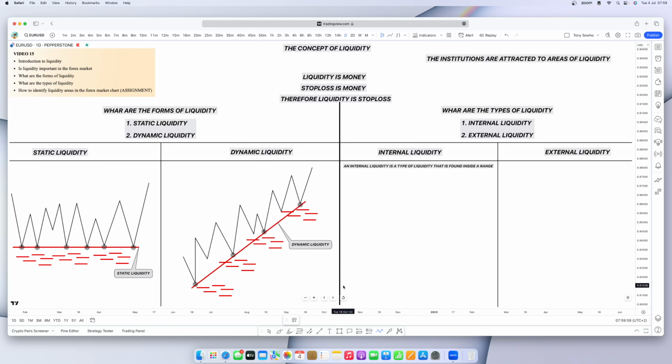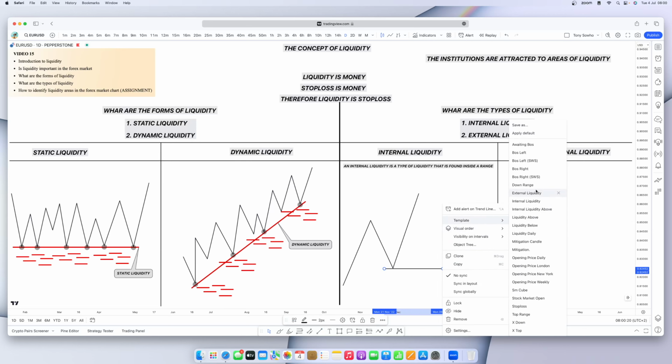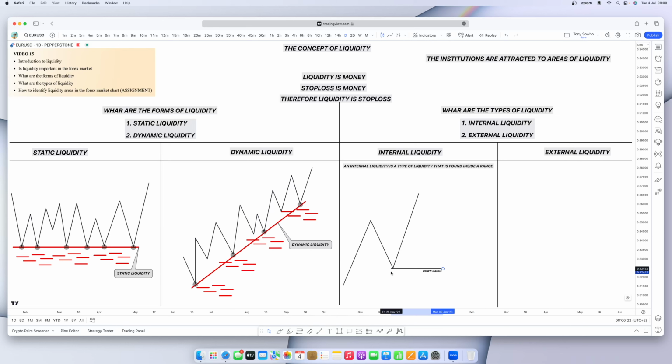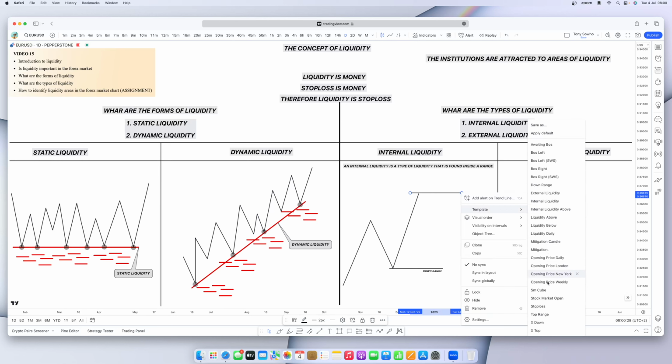Higher high, higher high, higher low, higher high. And when we have this higher high, what do we have? We now have our range, right? We have this as the what? The down range, if you've not forgotten. And we have this as what? Our top range.